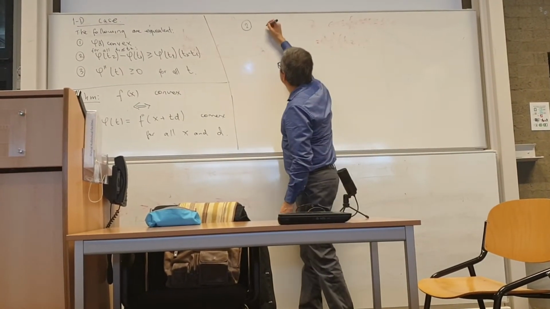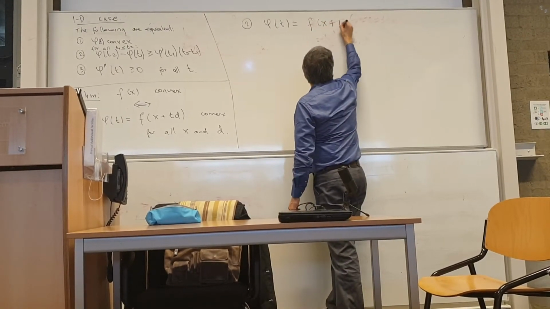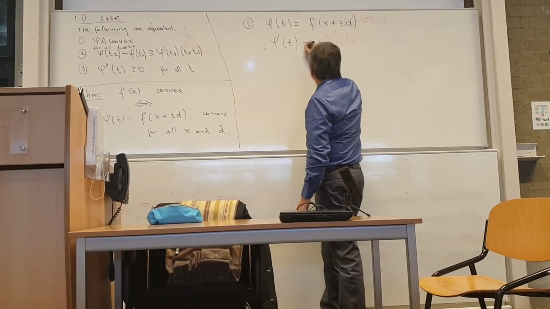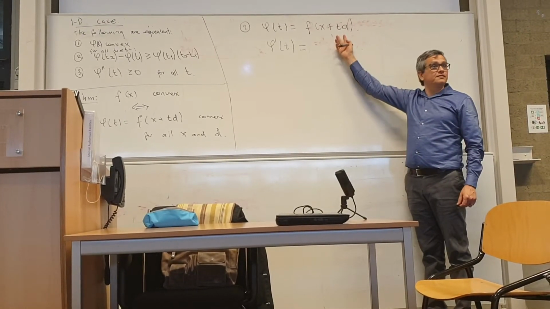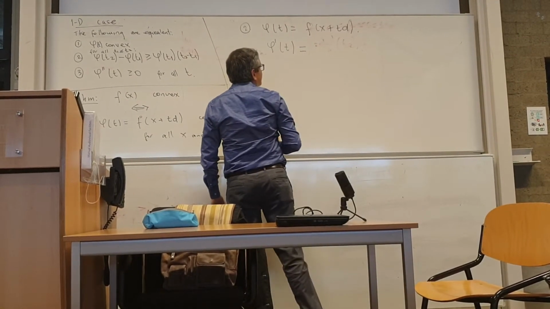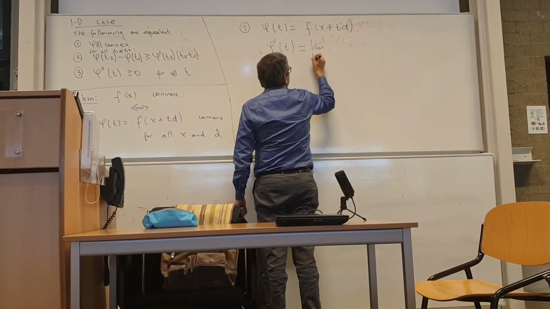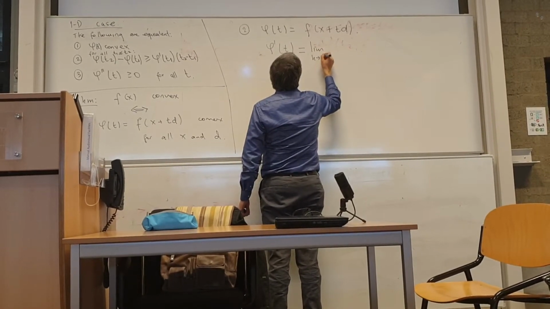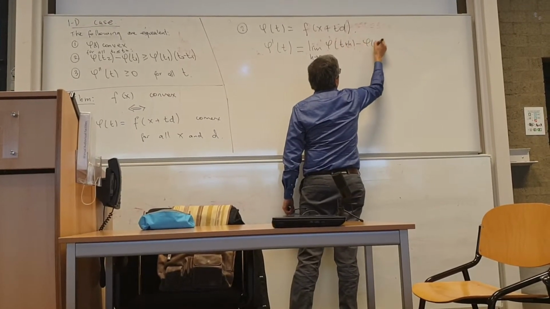So phi of t is equal to f of x plus td. What is phi prime of t? Well, this is just the directional derivative. Remember we introduced this when we were introducing the directional derivative. So this is just the limit when h goes to 0 of phi of t plus h minus phi of t, divided by h.